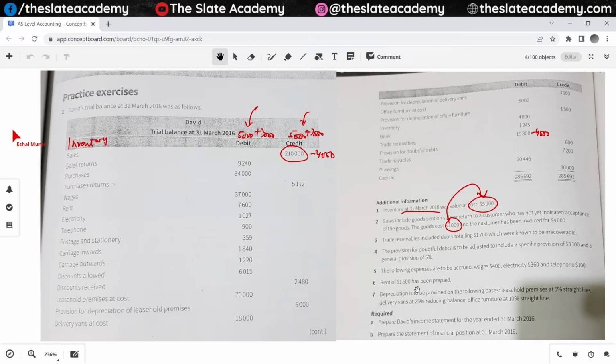Acha, trade receivables include debts totaling 1,700, which we know would be irrecoverable. So the double entry for this would be bad debt expense debit and trade receivables credit. The double entry to write off bad debts, right? We have discussed that before. Acha ji. So we'll have irrecoverable debts debit, or bad debts debit, by how much?